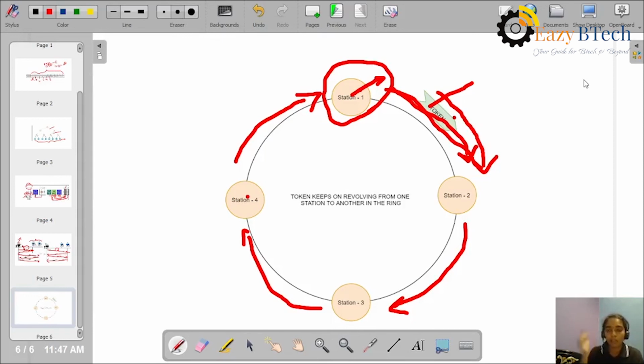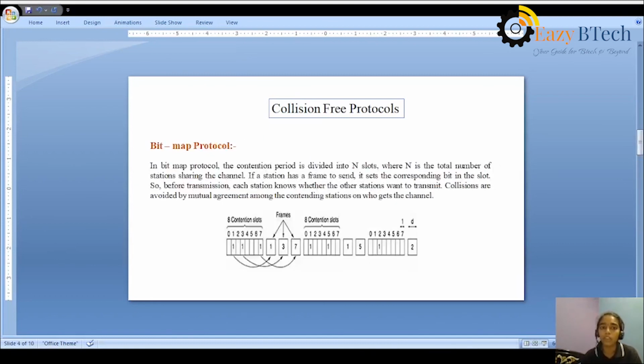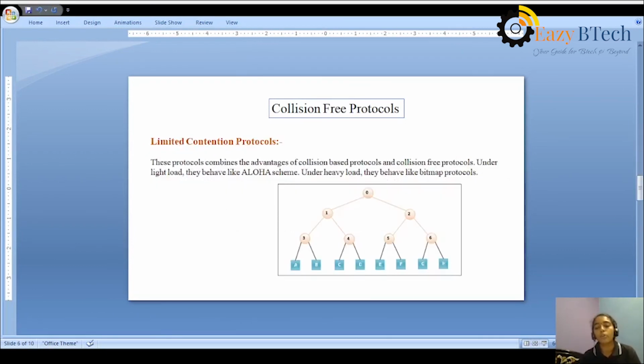You have just an idea of controlled access protocols: reservation, polling, and token ring. Mainly we also need collision free protocols: bitmap protocol, binary countdown, and limited contention protocols. These are the three major collision free protocols, right? I hope you understand each and everything.